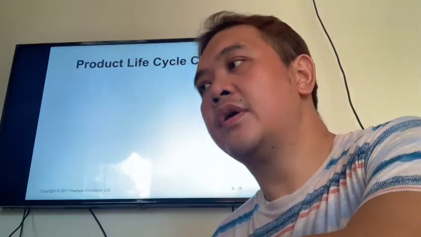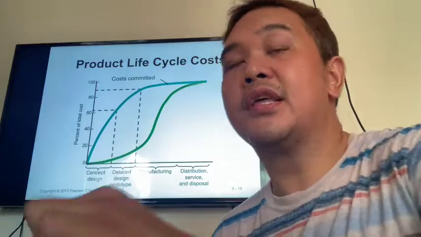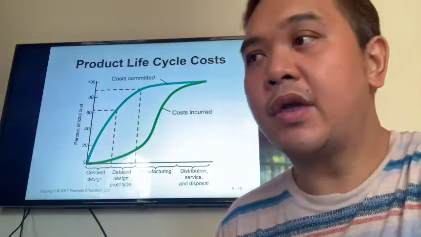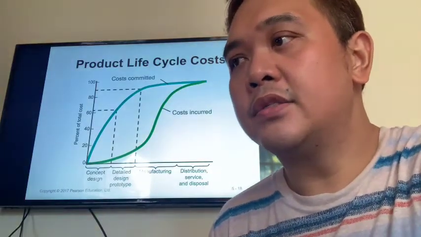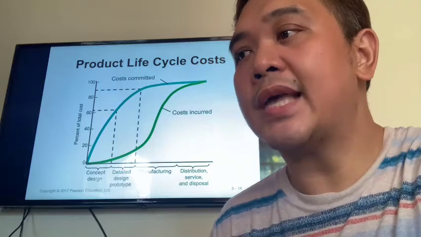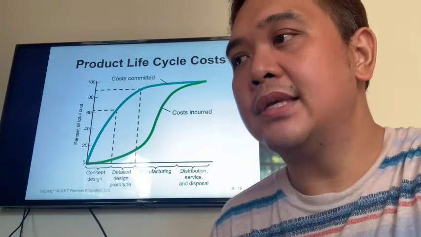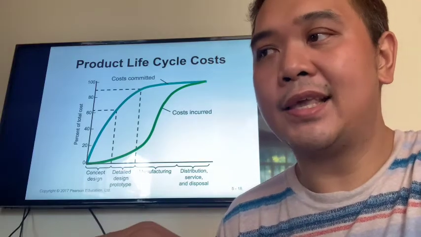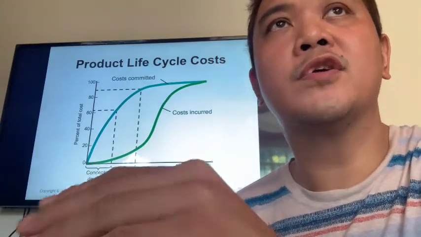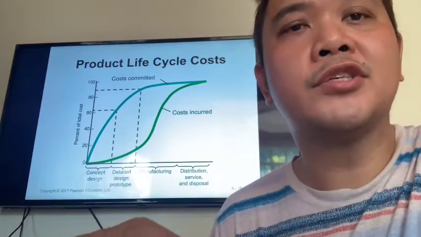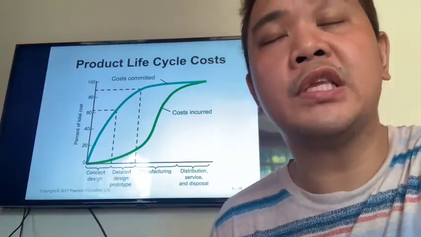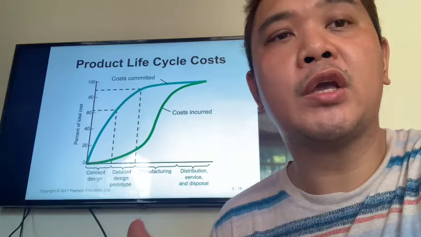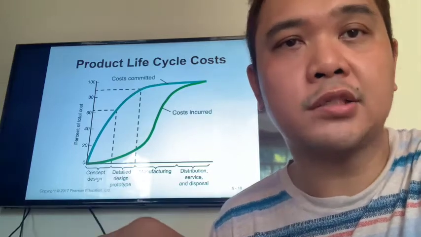Okay? So, these are the costs. As you can see, during the concept design and the detailed design, the cost is very high. Meaning, you have to commit your organization with this cost, especially with research and development, because you have to innovate your product.